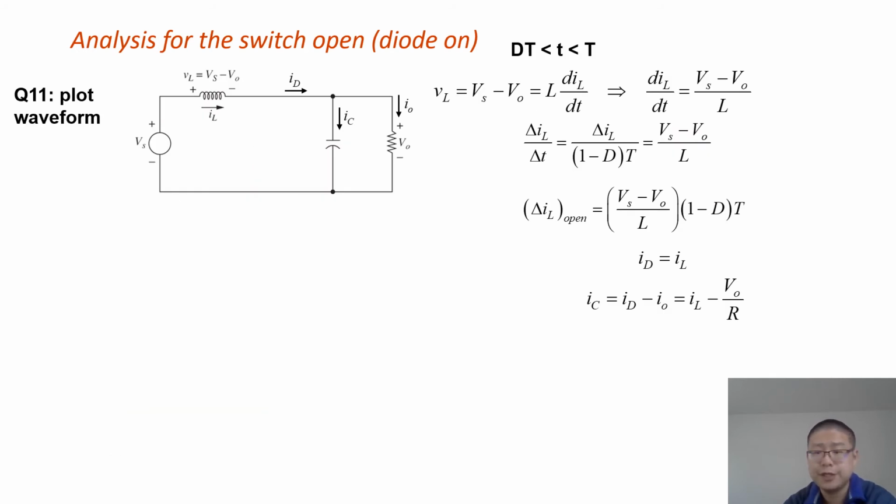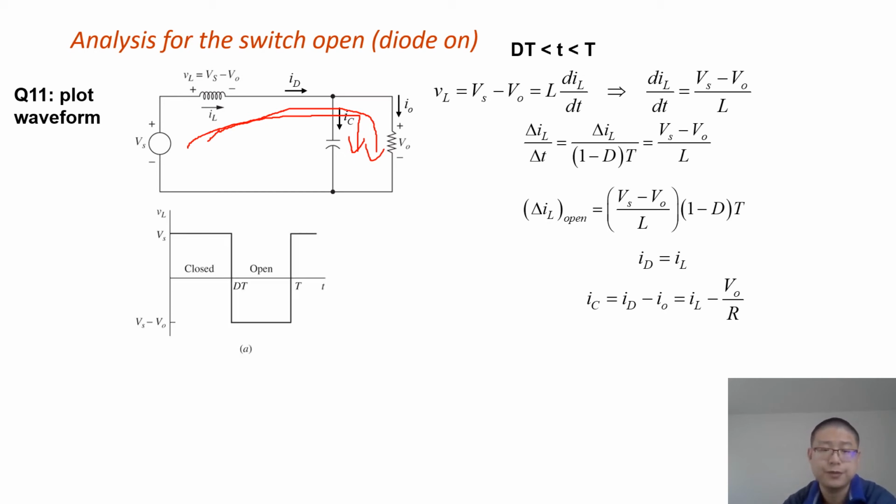So we finished analyzing the circuit when the switch is open. When the switch is open, the voltage source is supplying power to charge the capacitor, and also it is supplying power to the load. Once we finish these calculations, we can plot the waveforms.